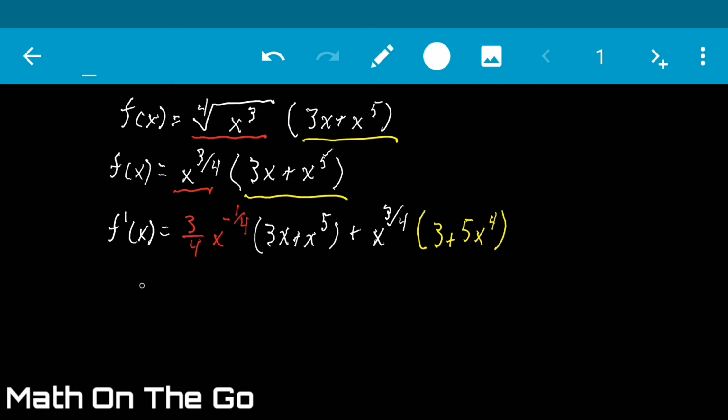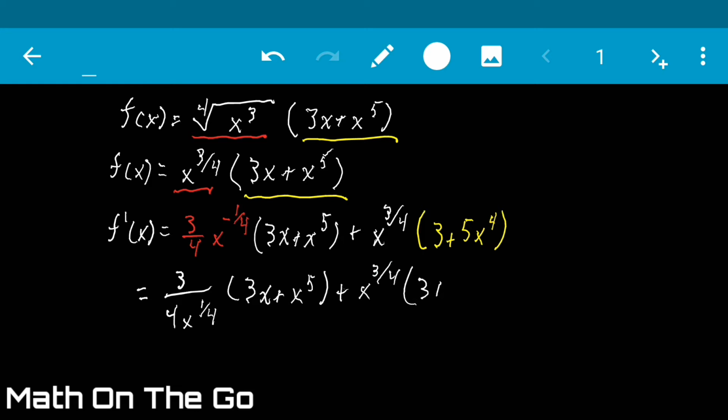So let's fix this up. We have 3/4x to the 1/4 times 3x plus x to the fifth. We'll leave this the same, x to the 3/4 times 3 plus 5x to the fourth.